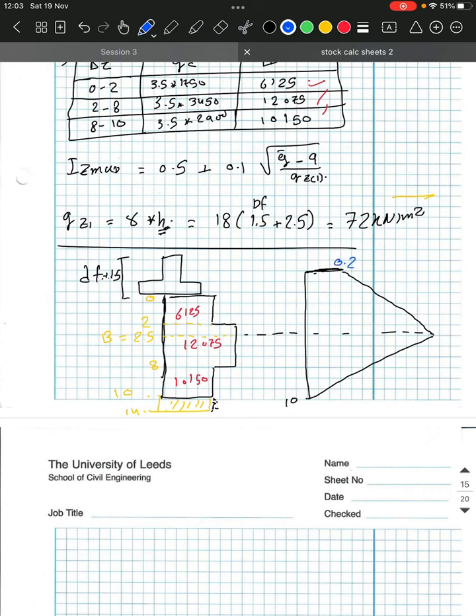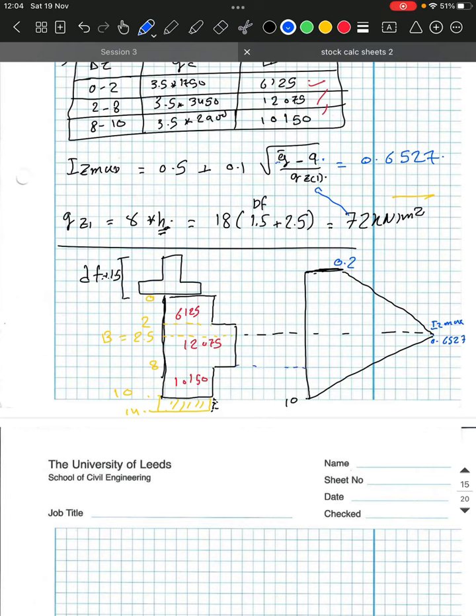Let's add some numbers to make things pretty. This is 0.2. This is IZ max, which I didn't calculate yet, but if you plug all these numbers in, since you have this, and we calculated this, and this is given in the question, this would give me 0.6527. So this is IZ max. Now I have a couple of points of interest as well.